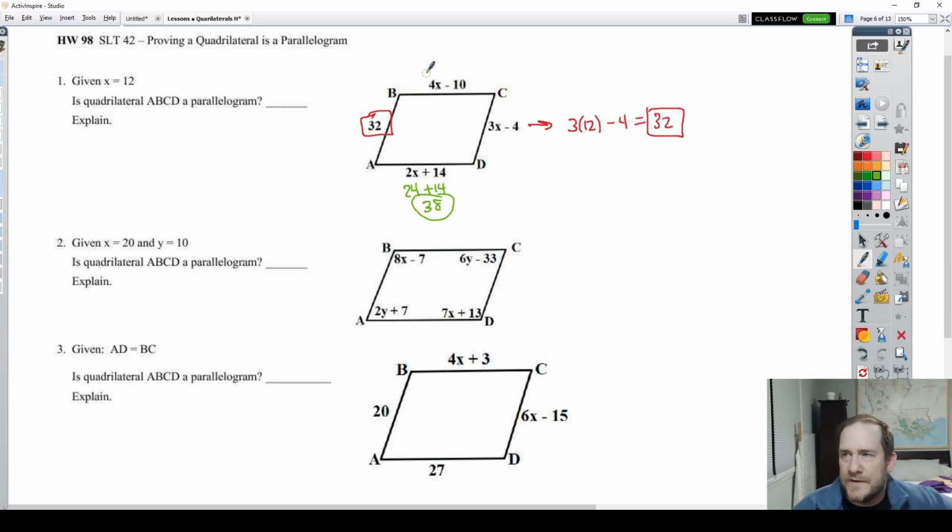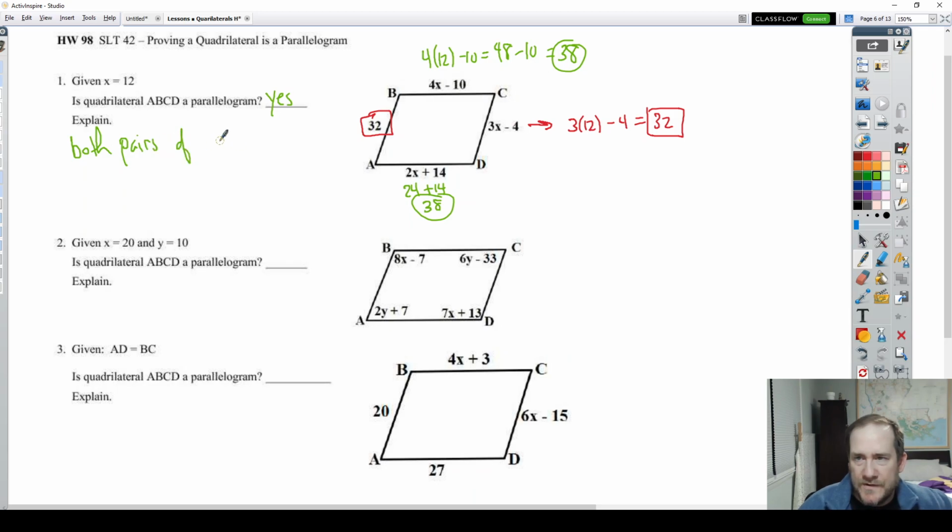And up here, 4 times 12 minus 10 is 48 minus 10, which is 38. So are we a parallelogram? Yes, we are. Your explanation would be that both pairs of opposite sides are congruent.